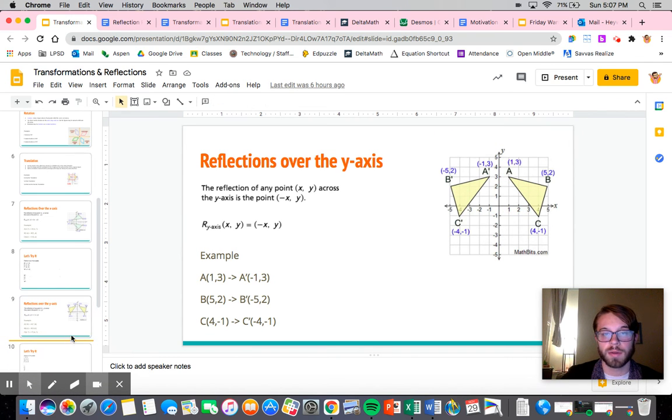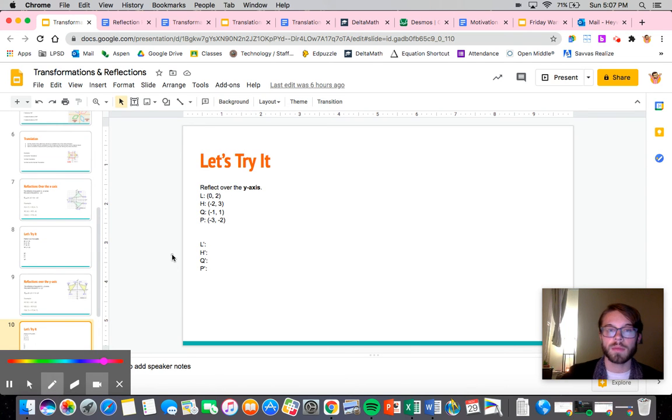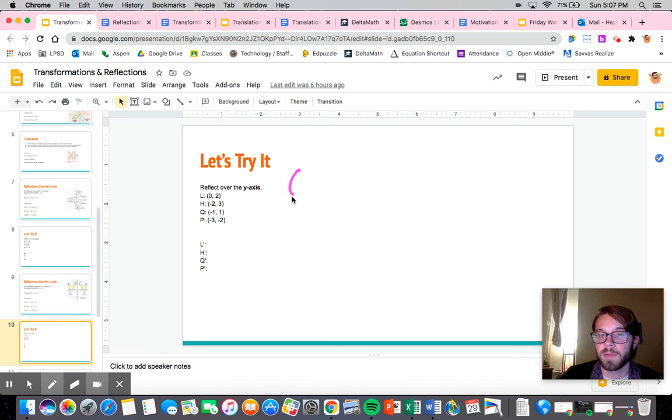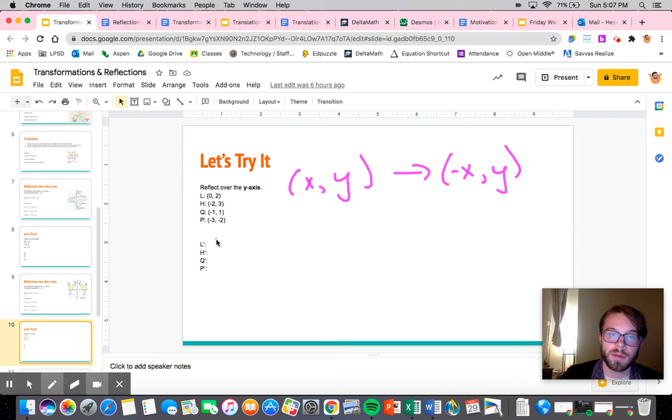All right, so let's do that example. If I were to reflect this over the y-axis, because I'm flipping this over the y-axis, my point x, y, when I reflect it, changes to negative x, y. All right, so I get 0.